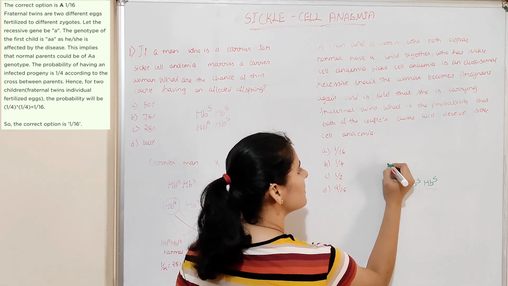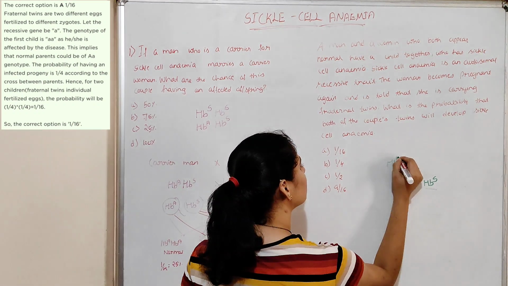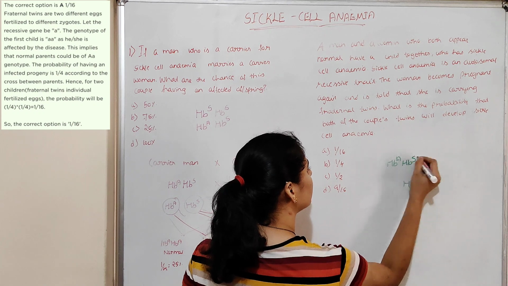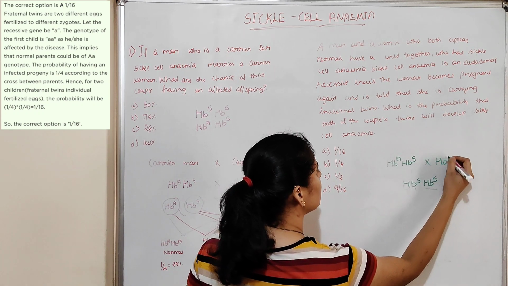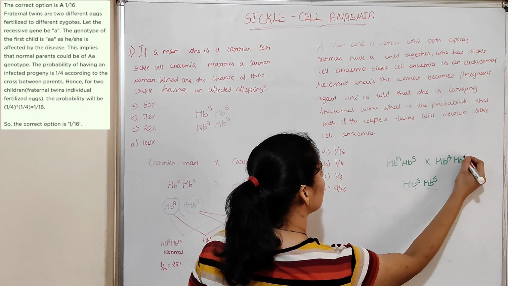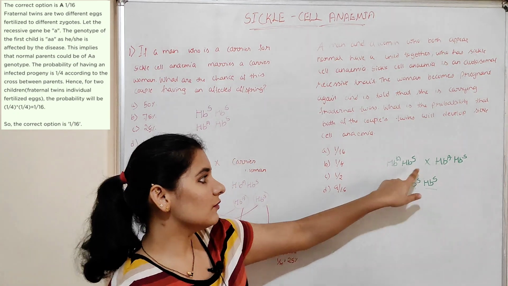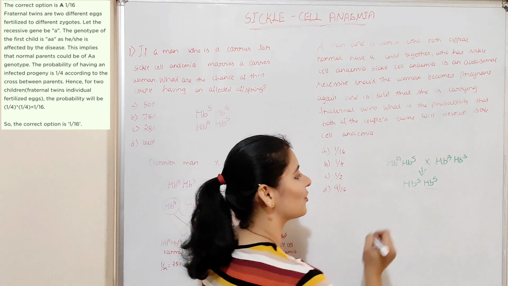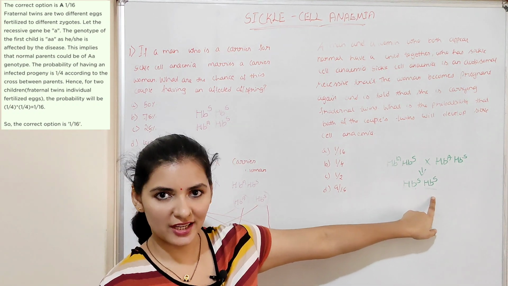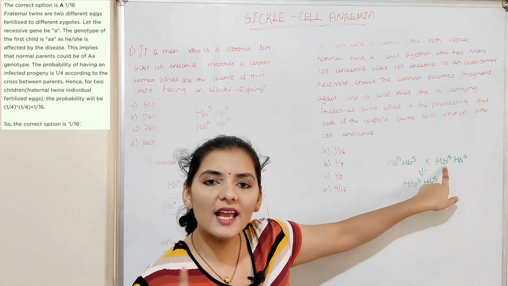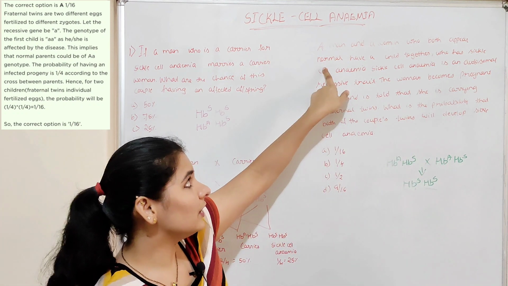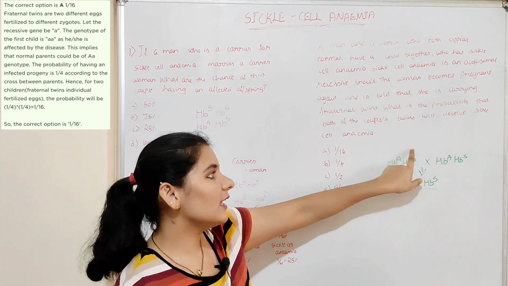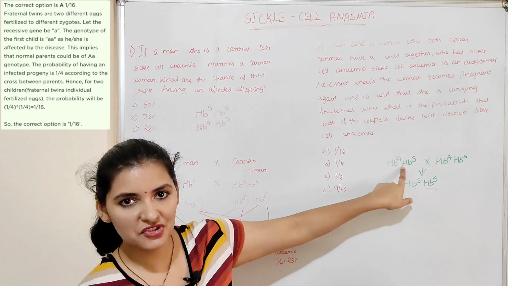So both the parents are carriers, HbS. Only then can these parents produce a sickle cell anemia child. Carrier means they are phenotypically normal but they carry this abnormal gene for the next generation.